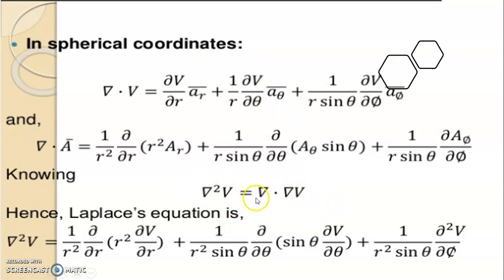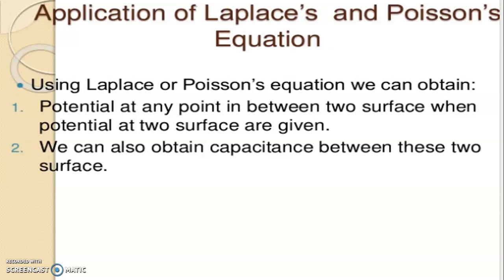And del square V is del dot del V. Its Laplace equation will become 1 by r square del by del r of r square del V upon del r plus 1 upon r square sin theta del by del theta of sin theta into del V by del theta plus 1 by r square sin square theta del square V by del phi square. Learn these formulas. This is for r, this is for theta, this is for phi. So you have to learn del square V for the Cartesian system, for the cylindrical system, and for the spherical system.